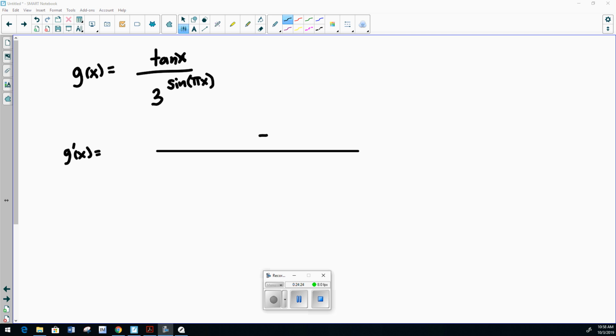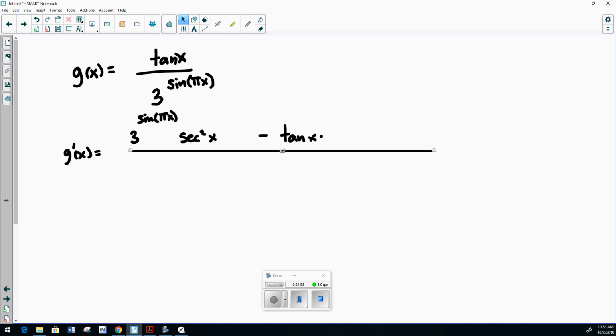So the derivative of 3 to any power is 3 to that same power, ln 3, times the chain rule, which is going to be in blue. The derivative of sine is cosine pi x, times, I'm out of colors here, but times the chain rule in green. What's the derivative of pi x? All over low squared.